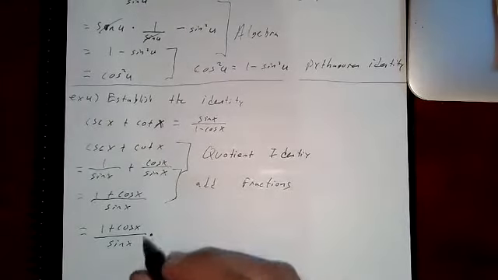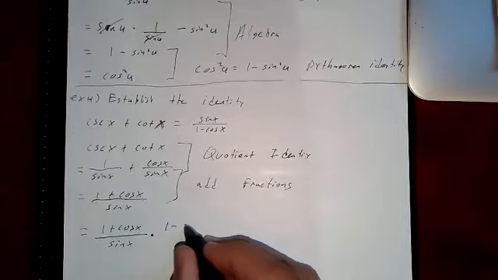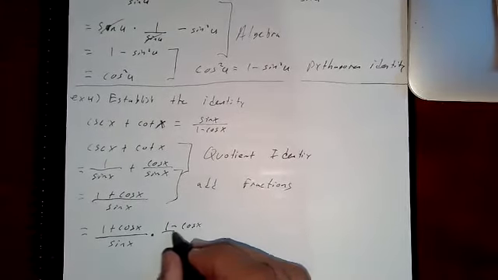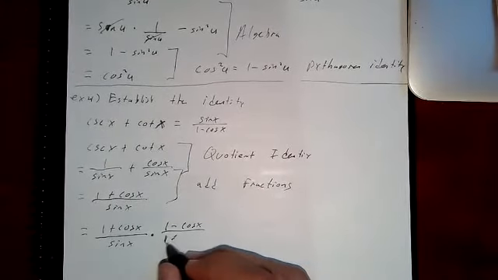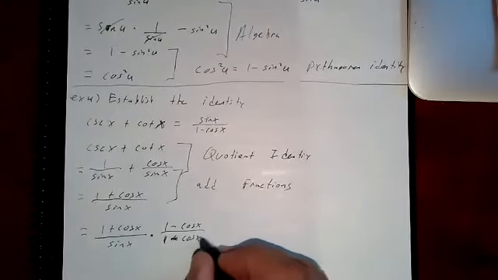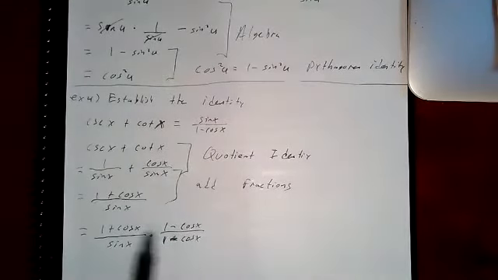Conjugate meaning the same thing but minus. So you do top and bottom: 1 minus cosine, because I have 1 plus cosine. 1 minus cosine because I did it on top. So let's do it to both. What this does is guarantee a difference of squares. That's why I chose to do this.